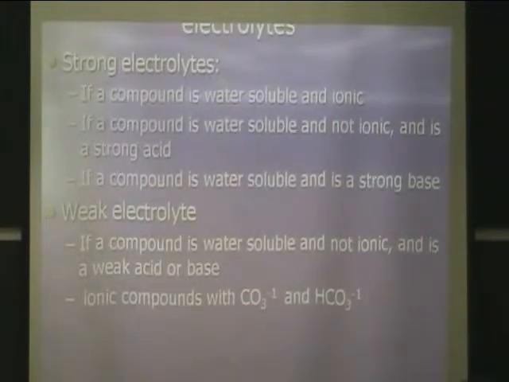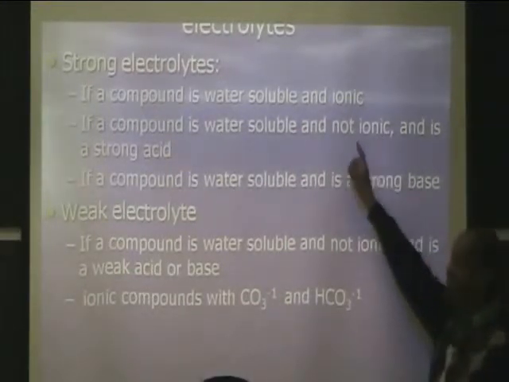So the correct definition of an ionic compound would be a positively charged ion reacting with a negatively charged ion, right? But hydrochloric acid, even though it has two different charges, is not ionic. It is a covalent compound. So that's why we have a point here. It's not ionic, but it's soluble in water.